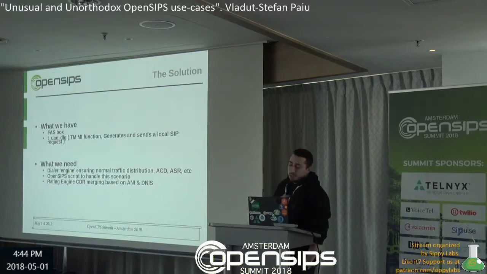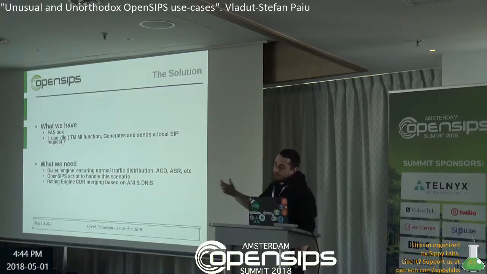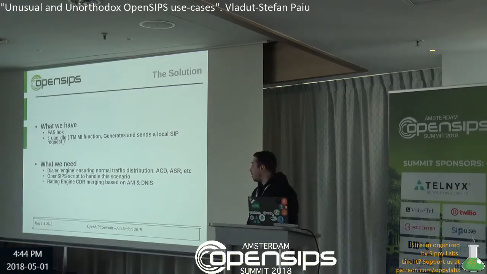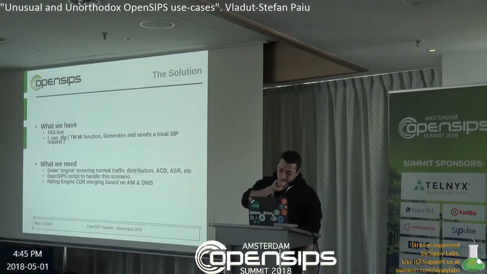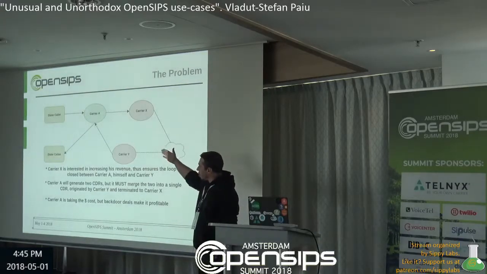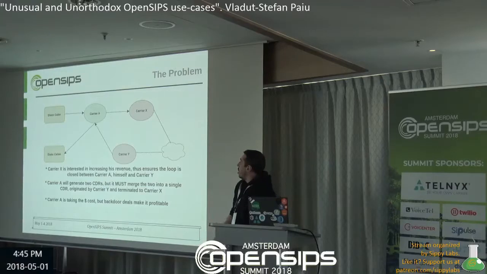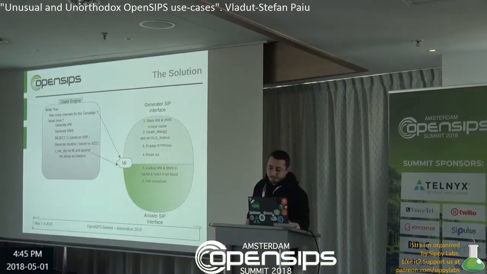So what we need is basically a dialer engine ensuring normal traffic distribution across the calls we are generating. We need an OpenSIPS scenario script to handle this, and we need to have the rating engine merging same ANI and DNIS calls, because the ANI is the CLI, because if it's not, we will not be able to differentiate and actually merge our two call legs.